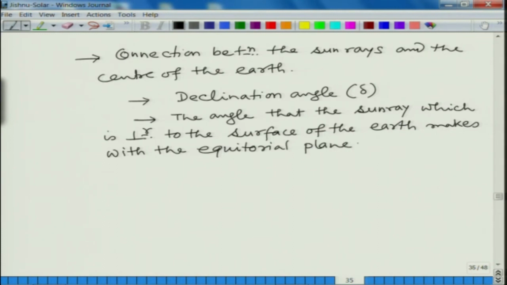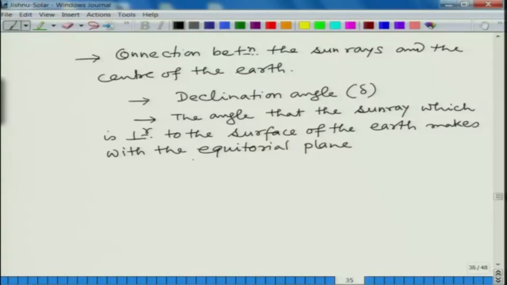That is the declination angle. So, it does not depend on where the observer is, it just depends on the relative position of the sun with respect to the earth. Okay. So, that is a very critical angle that we are going to look into in detail today.